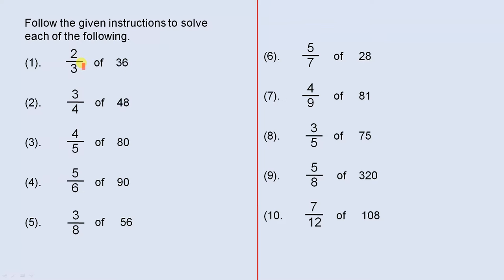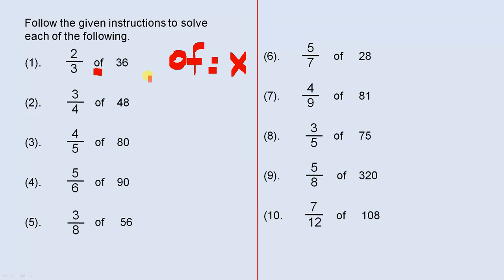So if we remember, if we're finding a fraction of a quantity, whenever you see "of", O-F, that's very important, we change that to a multiplication sign. Whenever we see "of", that's the same as a multiplication.